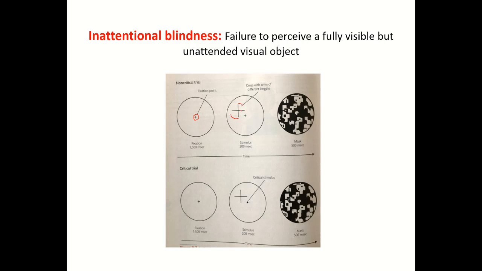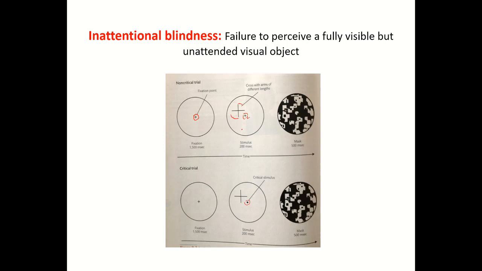And when the subject was paying attention to this big cross, what happened here, you see, the shape of the fixation point changed. And after the task, the subject was asked, did you notice any change in the shape of the fixation point?